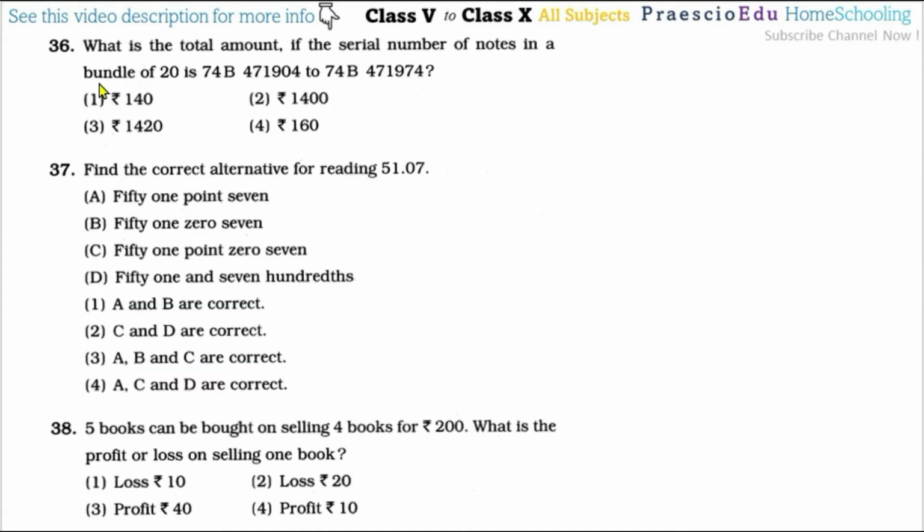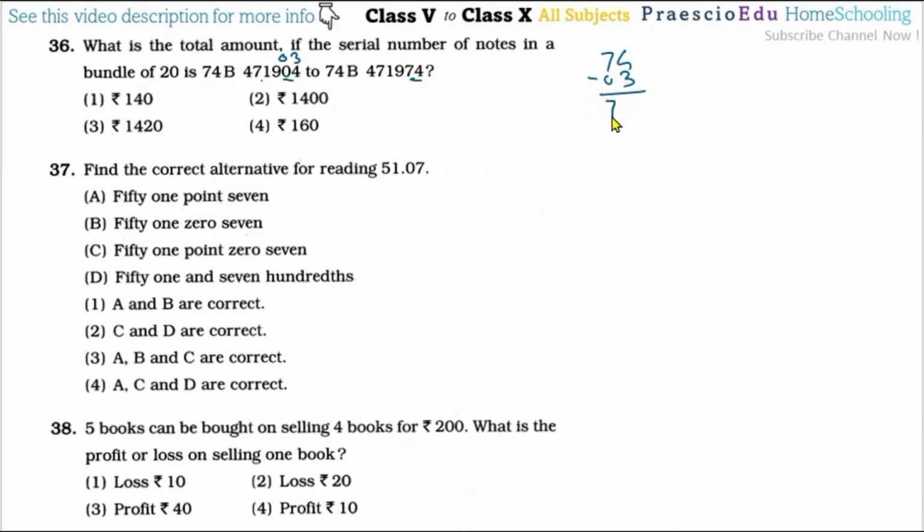Now question number 36, what is the total amount if the serial number of notes in a bundle is this much to this much? So here the first is 04 and the last is 74, so we will take the difference in this one, but this note we have to consider. So the previous number before this note should be 03, so 74 minus 03, if we do, the difference between the previous note and this one means the exact count will automatically come.